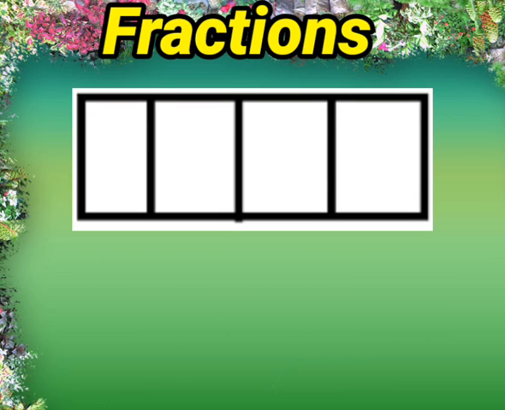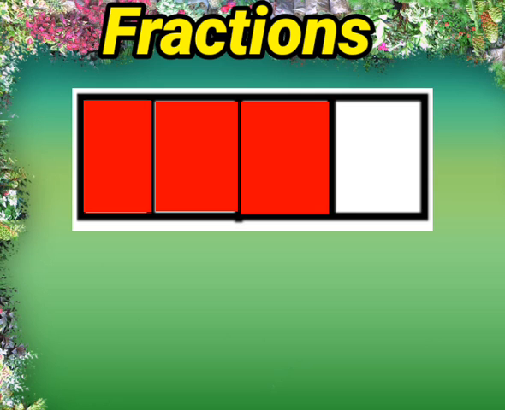Now look at this rectangle. This rectangle is divided into 4 equal parts. In these 4 parts, 3 parts are shaded. So we can write this as 3 by 4. That is, 3 parts shaded out of 4 parts.